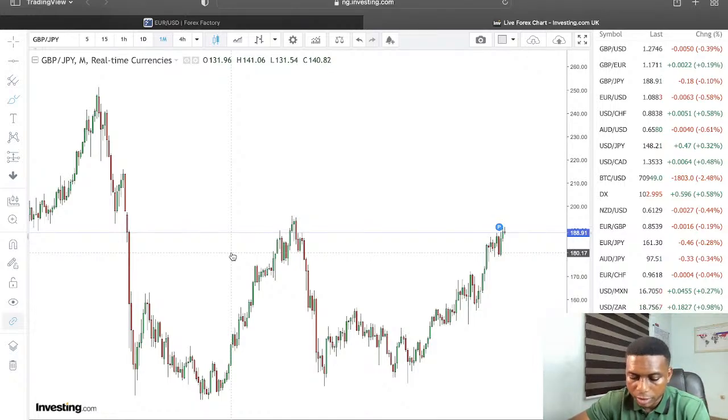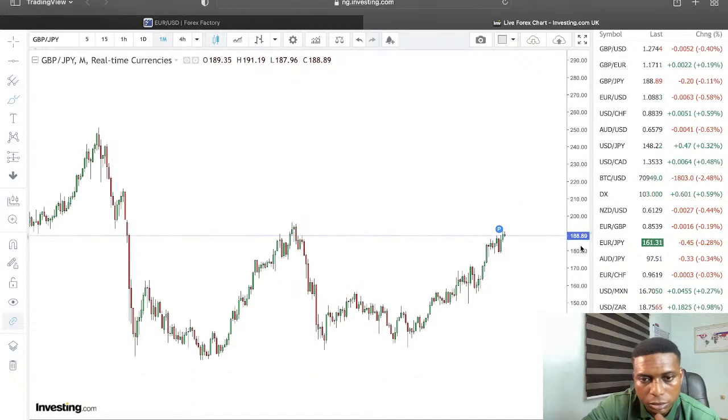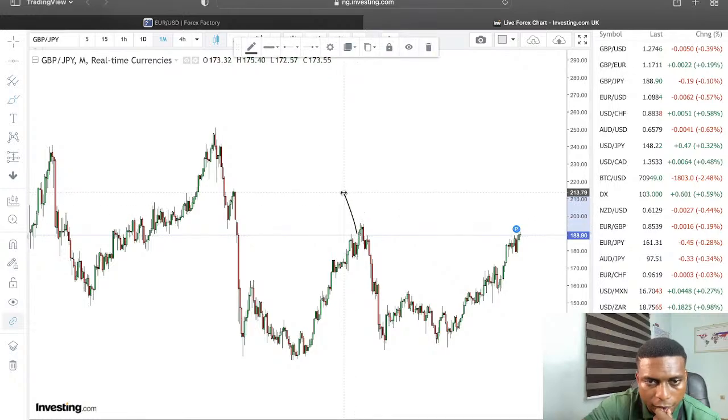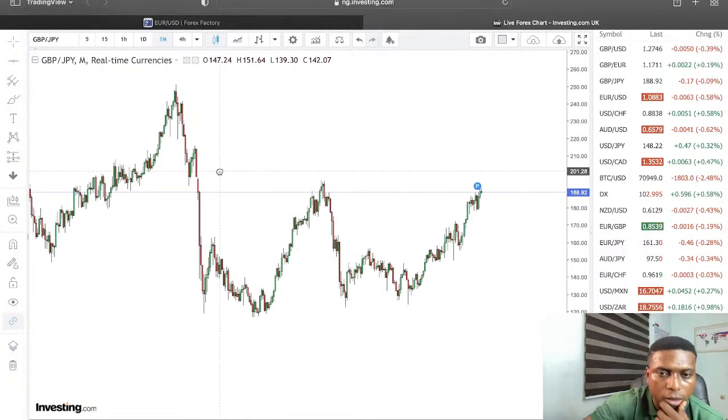Now we can see that on the monthly time frame here, it's quite an interesting chart. Good.